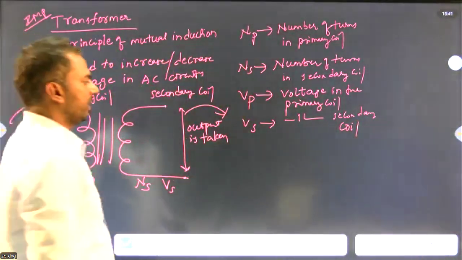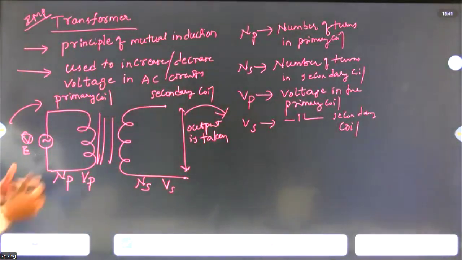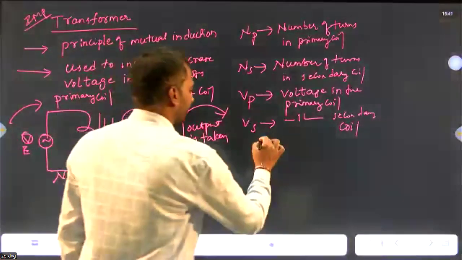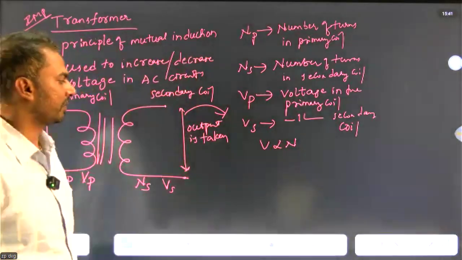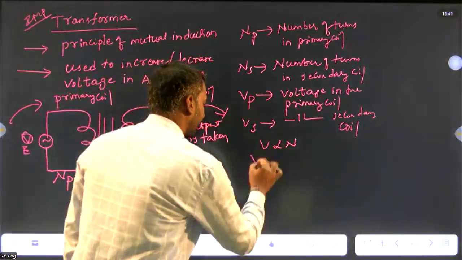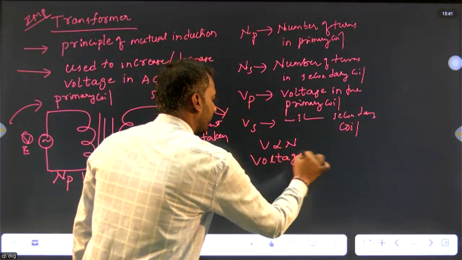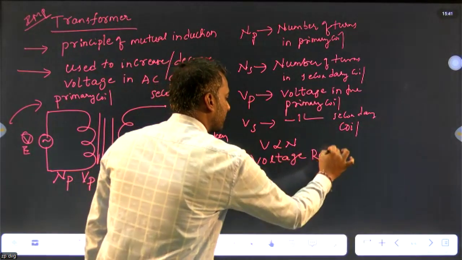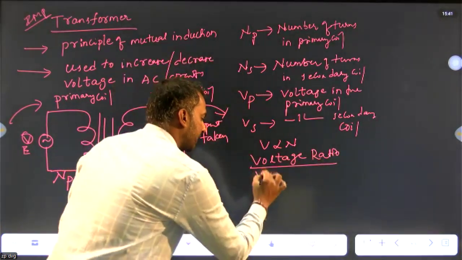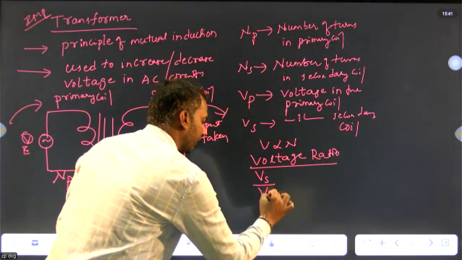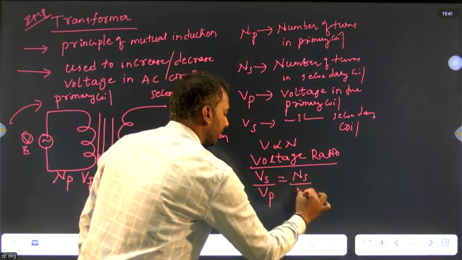So what is voltage ratio? As number of turns in the coil increases, voltage also increases. V is proportional to N. Voltage ratio: Vs by Vp is equal to Ns by Np.